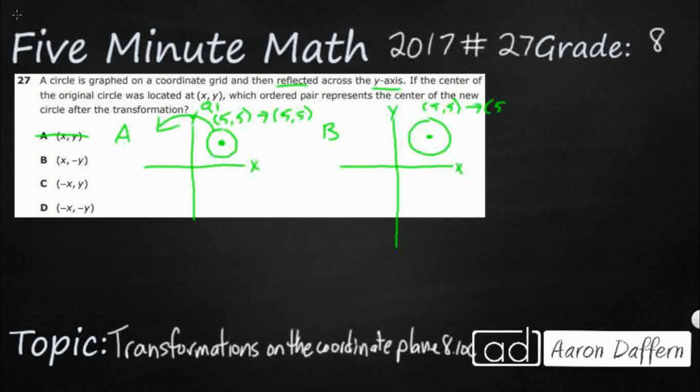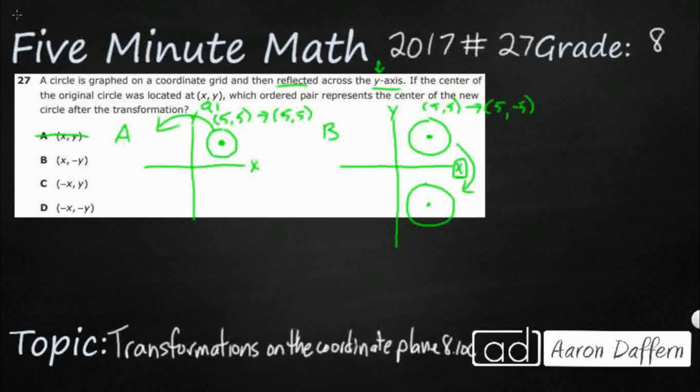And then the y becomes inverted. So 5 turns into negative 5. Alright, so my 5, negative 5 would be right down there. It is reflected, but it's reflected across the x-axis. And I want it across the y-axis.